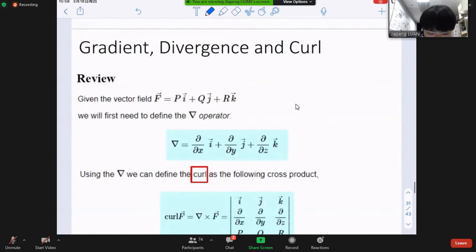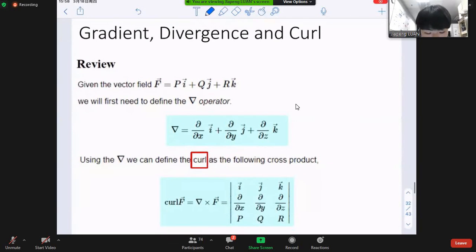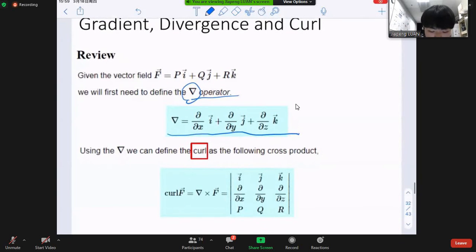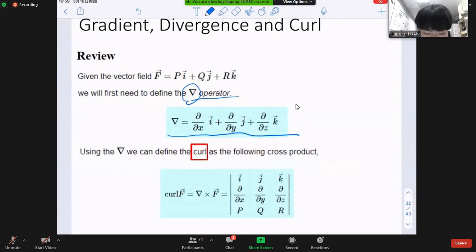And then there is the gradient, divergence, and curl of a vector field. I think the first thing you need to know is the operator, what this triangular operator is. It actually has a form like this. And I think this is the way that you can easily remember the gradient, divergence, and curl.